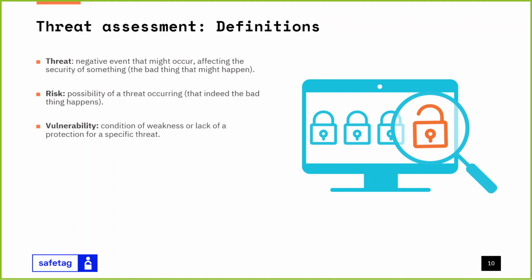What else? We have here vulnerability. Vulnerability is a condition of weakness or a lack of protection for a specific threat. I can go into my eternal example of a website hacking, and you can say that a vulnerability is that we don't have DDoS protection, for instance, or that a vulnerability for my Gmail address is that my password is my birthday and the name of my cat.